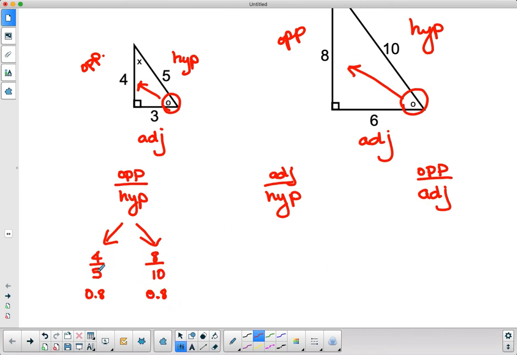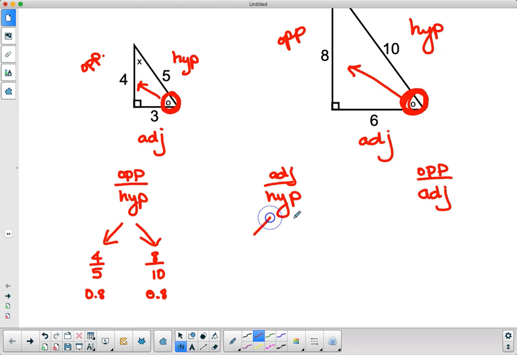So this one here is actually just the lowest terms version of this one. Okay. So you see that it doesn't matter the size of the triangle. If it's got an angle the size of this angle O in it, then that's going to give you 0.8. So the ratio is always going to stay the same.